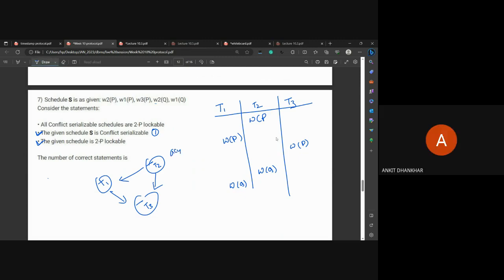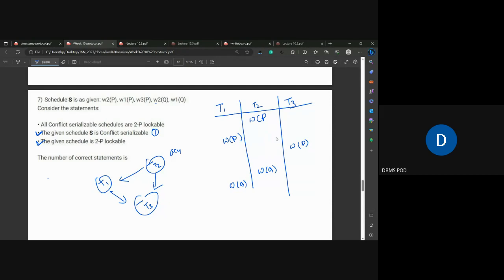If we change the write operation on P in T3 so that it occurs before the write operation on P in T1, would this become cyclic? Then T3 to T1 will be there, so you have to draw the precedence graph and check. Still it will not be cyclic, because T2 to T3, T2 to T1, and T3 to T1 is still acyclic.